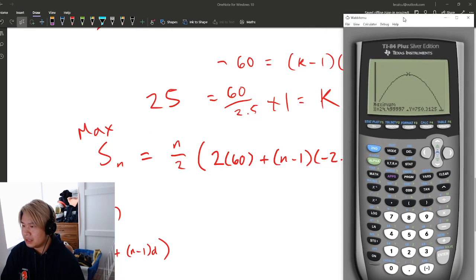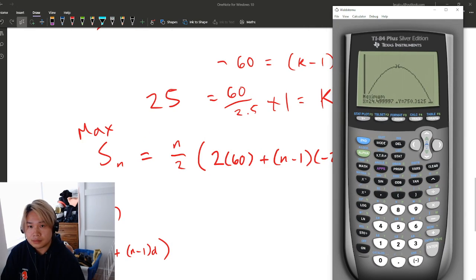And maybe I messed this up then, but find the maximum value of S. Notice that the actual maximum value is if we were to consider n as like a decimal or any number, and n realistically is only going to be whole numbers because it's the number of terms you have. So if I did this properly, which I'm a little questioning because I was hoping this would be like an exact whole number, well, I'm just gonna reason with you why it might not be.